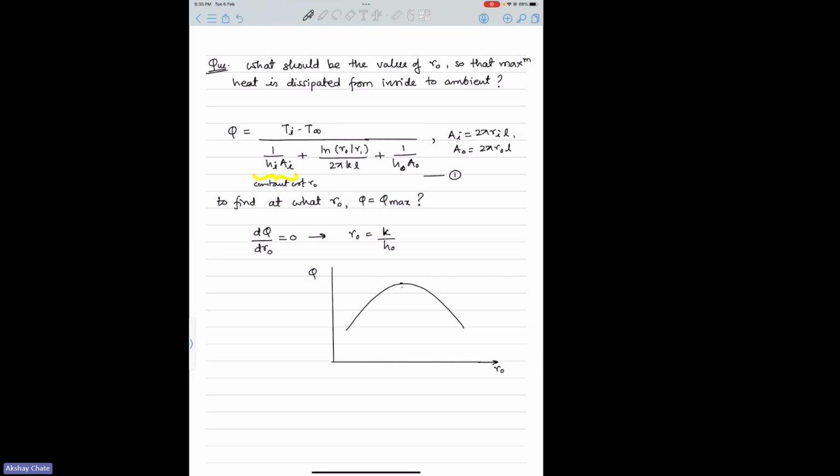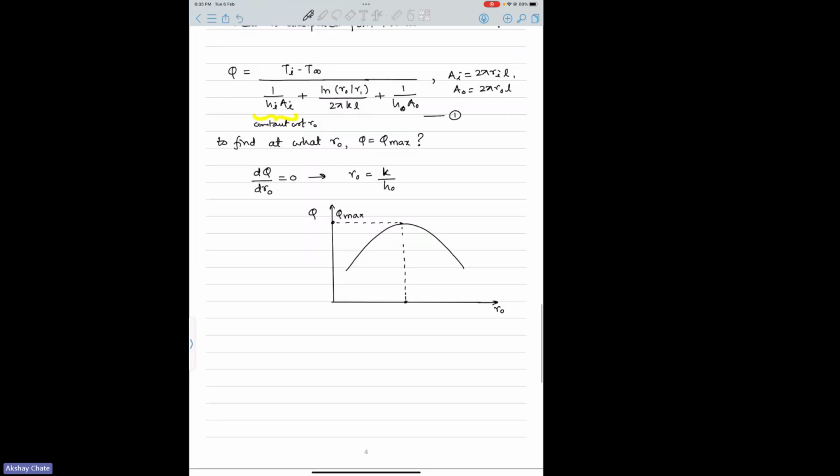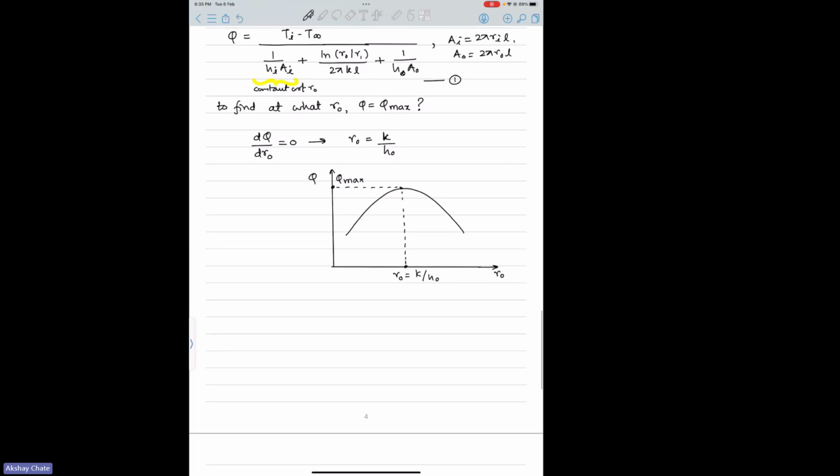You'll realize there is a maxima somewhere which gives you Q max. So this will be the Q max, and this value of Ro corresponding to Q max will be K by Ho. So this Ro is called the critical outer radius of insulation, and the difference between Ro and Ri is the critical thickness of insulation.